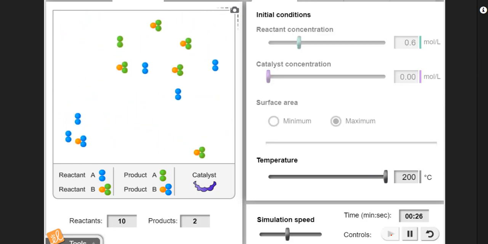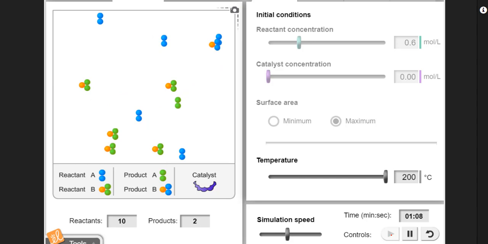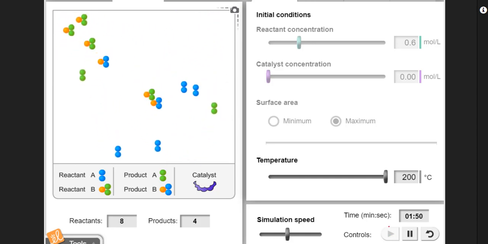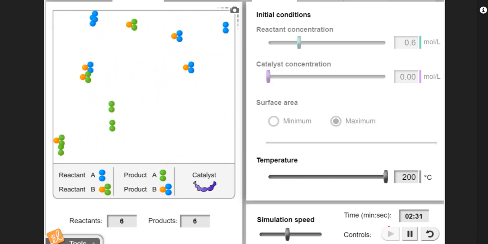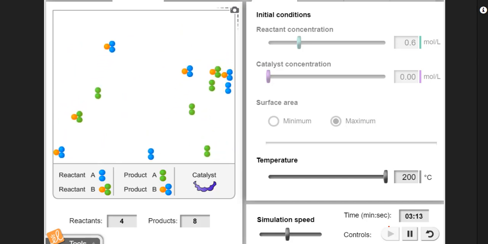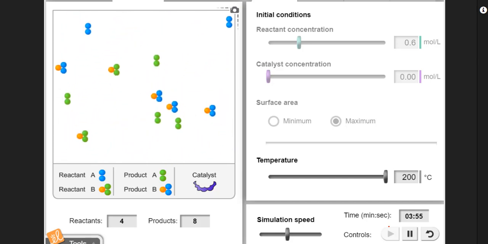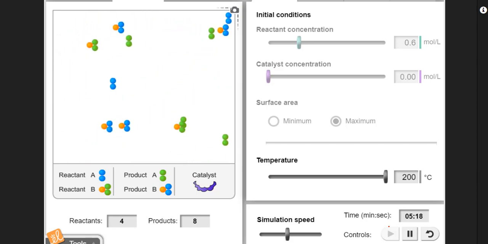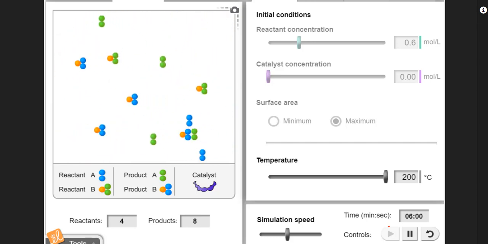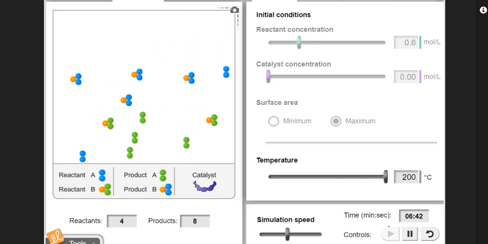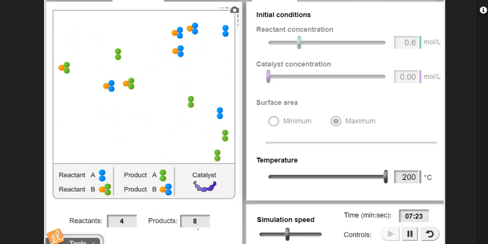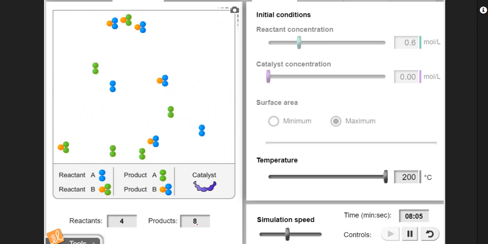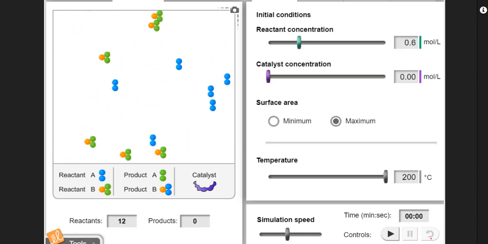And let's see how fast the molecules move now. So now they're moving at a faster rate. This increases the frequency of collisions, as well as the collision energy required for the reaction, aka activation energy. So notice how there's now 8 products that have formed.